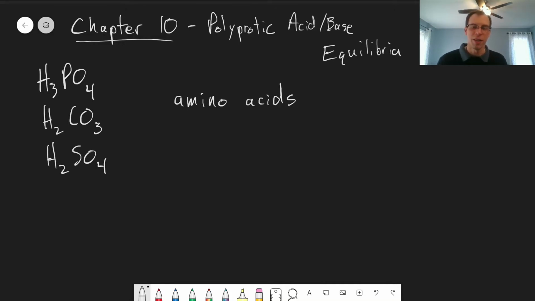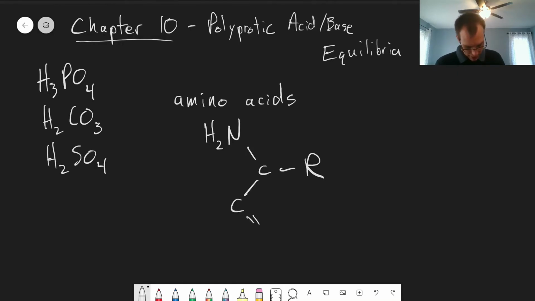For any of you that are taking biochemistry or are planning on taking it, you'll learn all about amino acids and how they link together to form peptide chains that make proteins. So amino acids have the general structure like this, where they have an amino group, a carbon, some side chain here R, and then a carboxylic acid group on the other side.